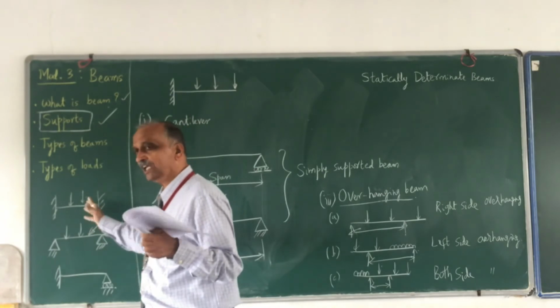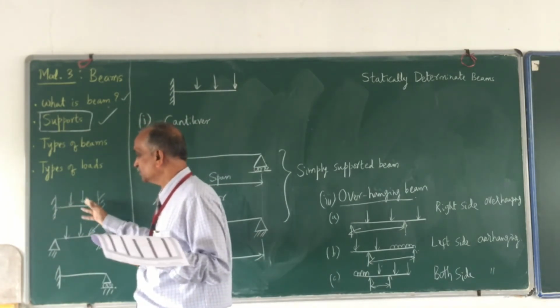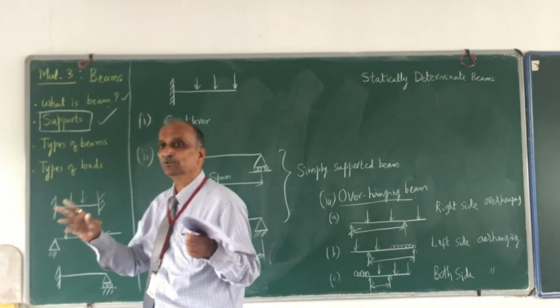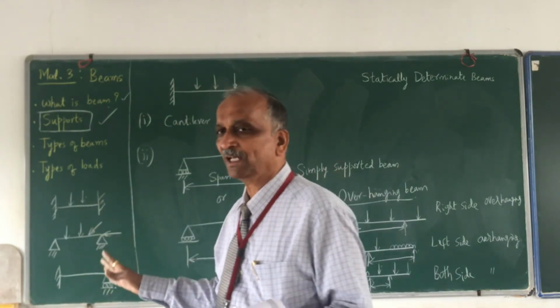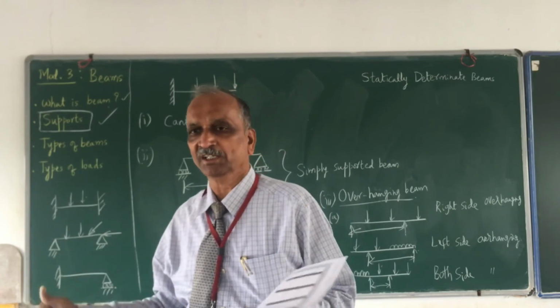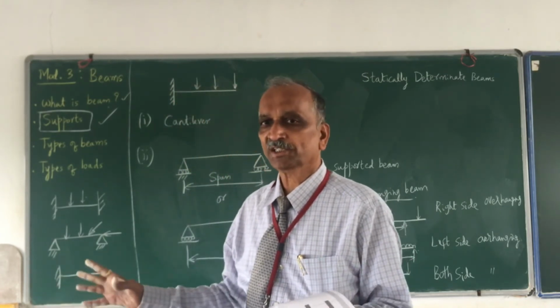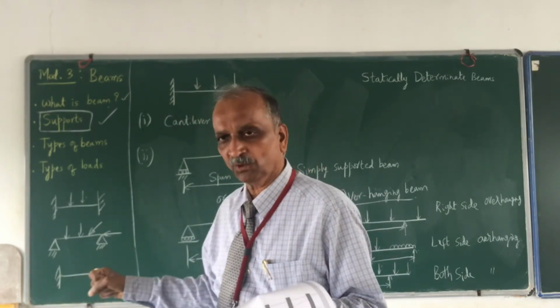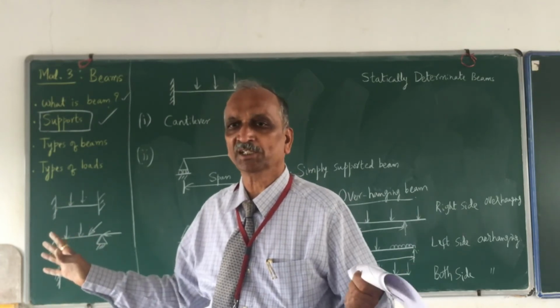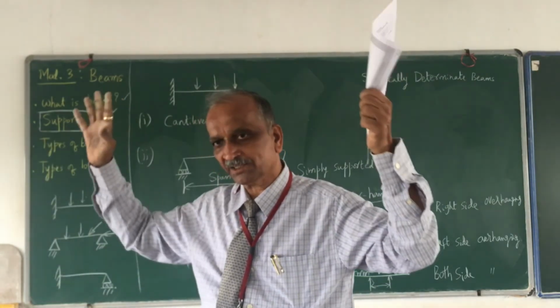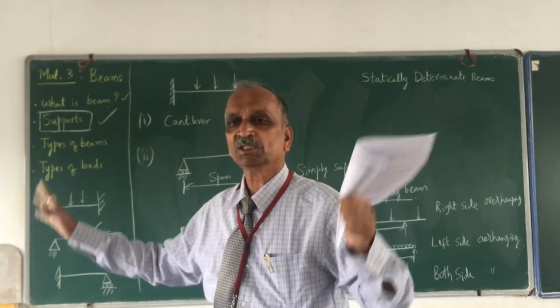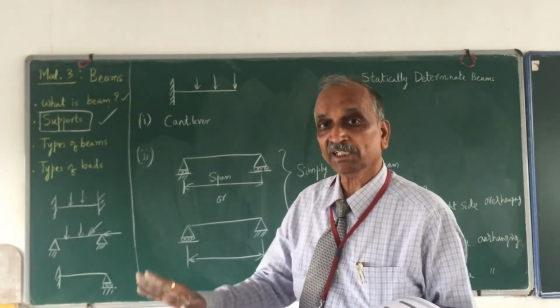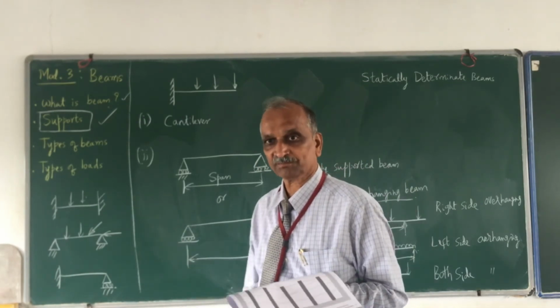If I am not able to find out the reactions offered by the supports using only equilibrium conditions, then I call them as statically indeterminate. I raise my hands and I can't determine using equilibrium conditions. Such beams are called as statically indeterminate beams.